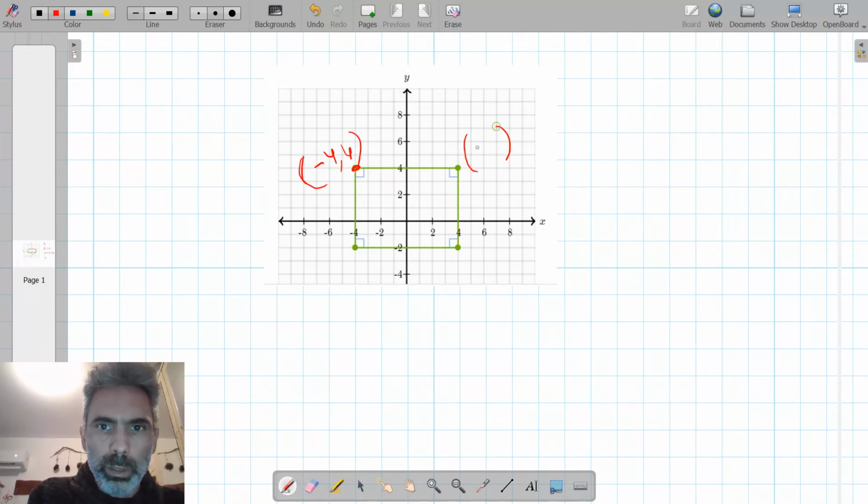And this point is 4 on the x and 4 on the y. So the distance on the x-axis is in total 8.